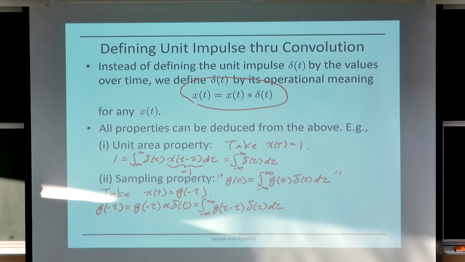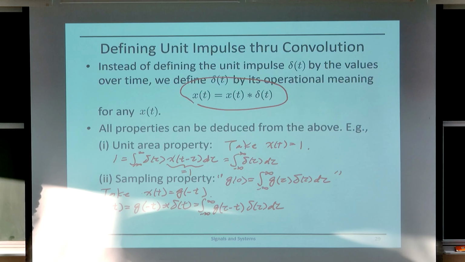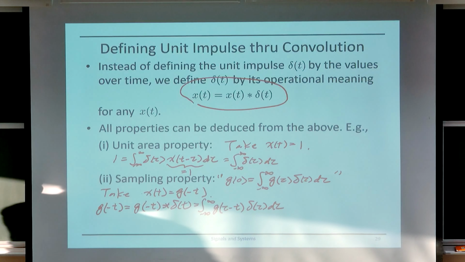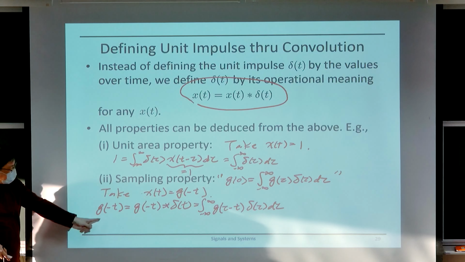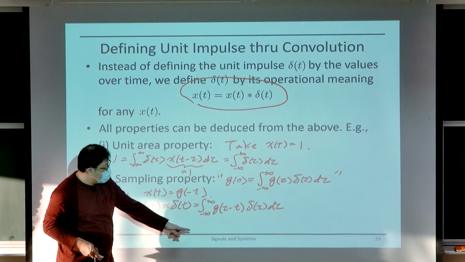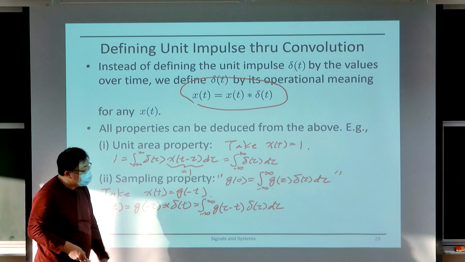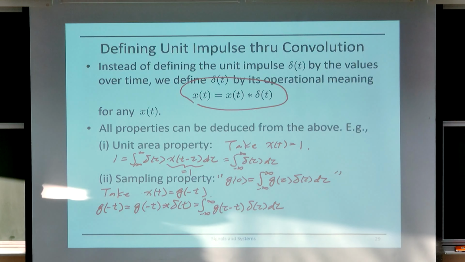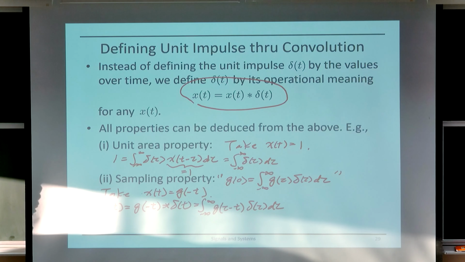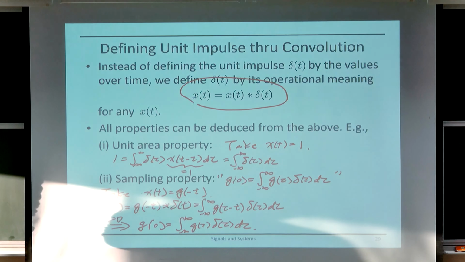And then just by choosing t equal to 0, we have on the left-hand side g of 0 and the right-hand side g of tau times delta of tau integrated. So by choosing t equal to 0, we have g of 0 equal to the integral of g of tau delta of tau d tau.